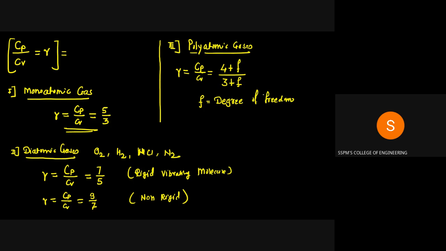So for a particular polyatomic gas, if the degree of freedom is given, then by using this formula you can determine the ratio Cp by Cv.